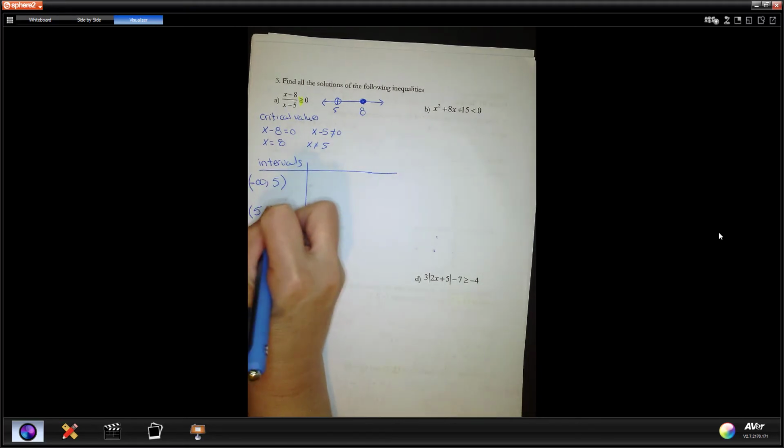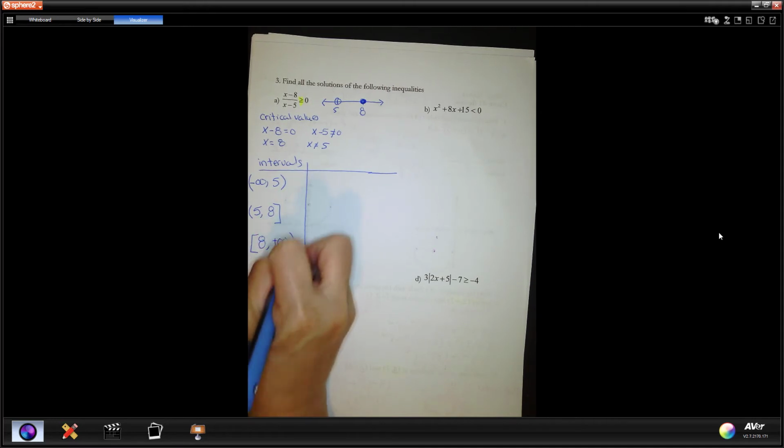Our second interval is from 5 to 8. That 8 is included. And our last interval is from 8 to positive infinity. And that 8 is also included. As I've mentioned, now we're going to just pick a number somewhere in there and plug it in and decide yes or no, does it make this inequality true?